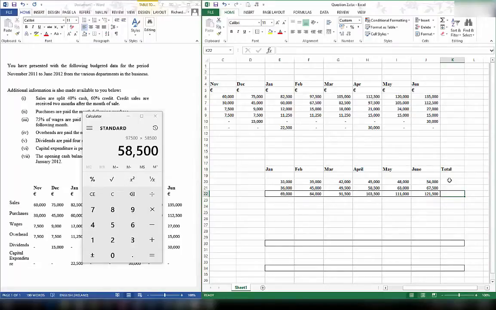When we're finished with that, we're going to make our total column as well. Our total cash sales were 261,000. Our total credit sales, 319,500. So our overall total sales, 580,500.